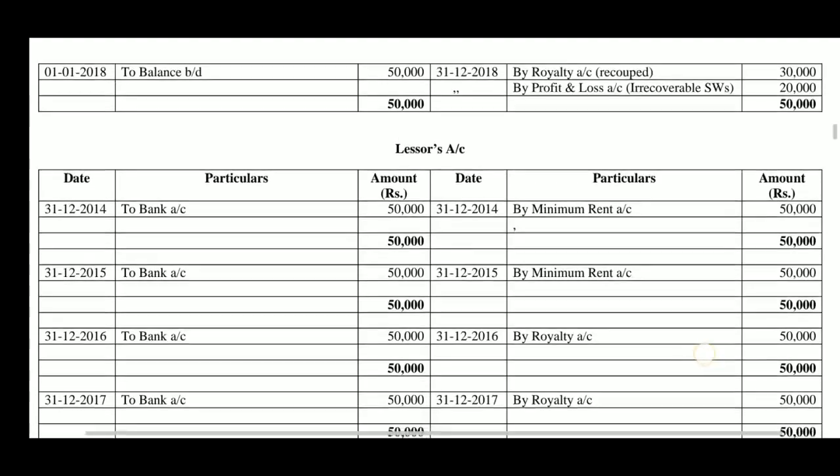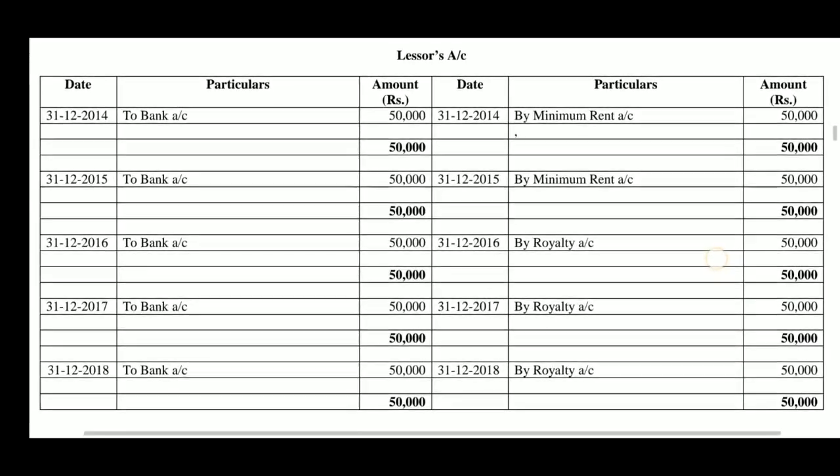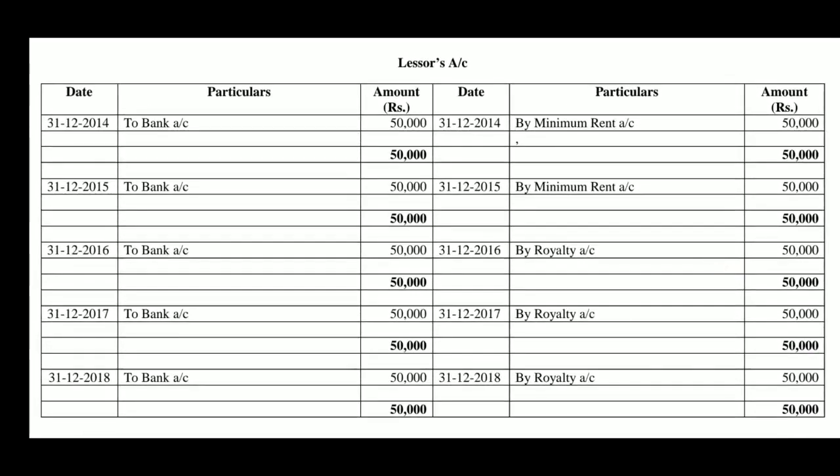Now, see the lessor's account. In the lessor's account, see the first year 2014, minimum rent is due to the lessor. So, minimum rent account was transferred to lessor's account. Lessor's account credited by minimum rent account with the amount of minimum rent 50,000.